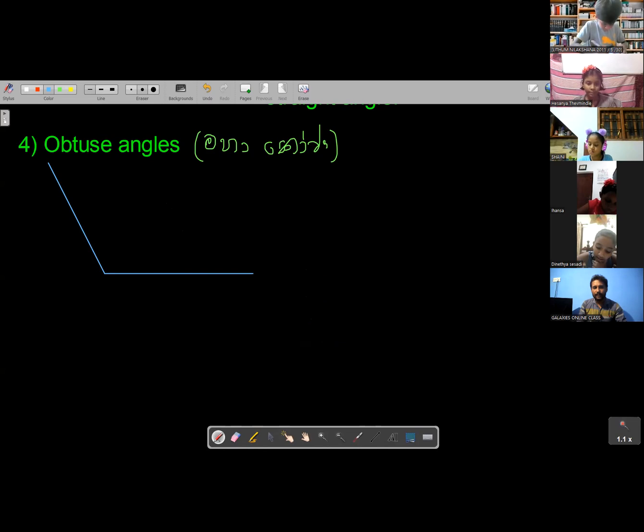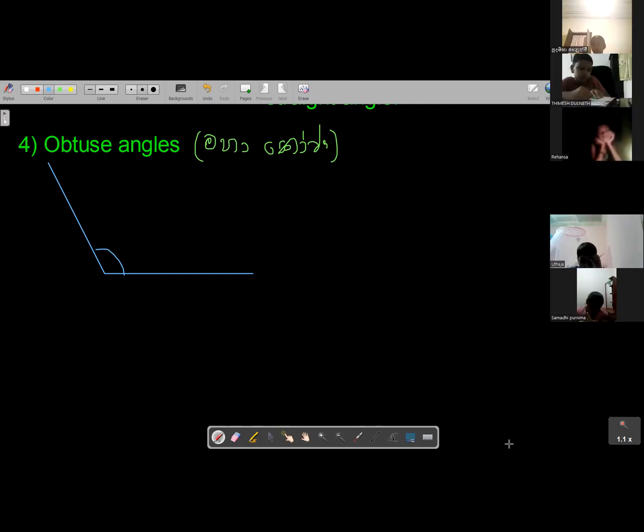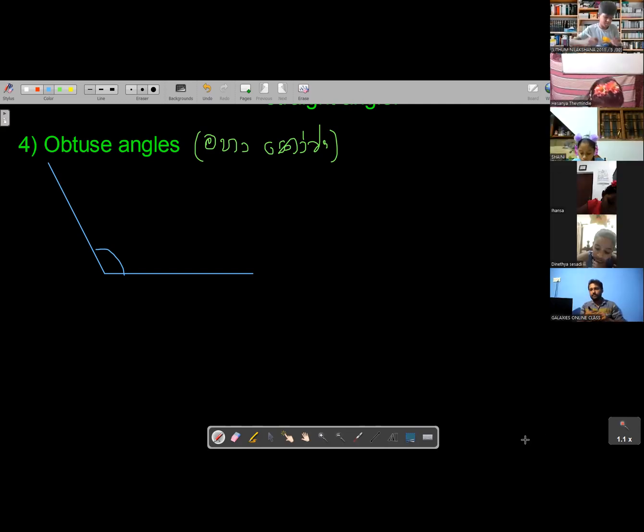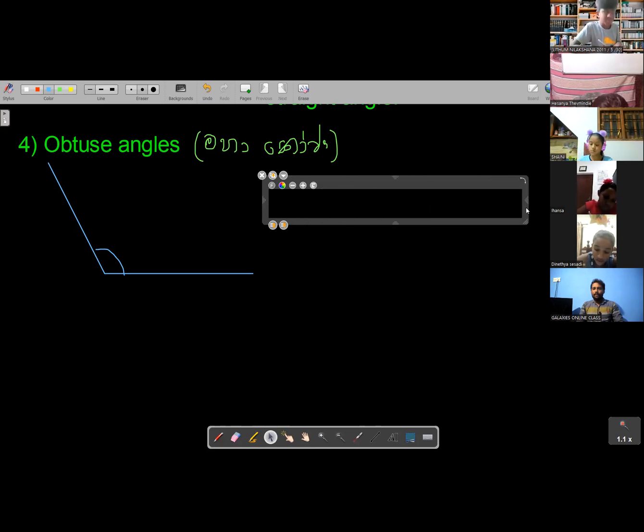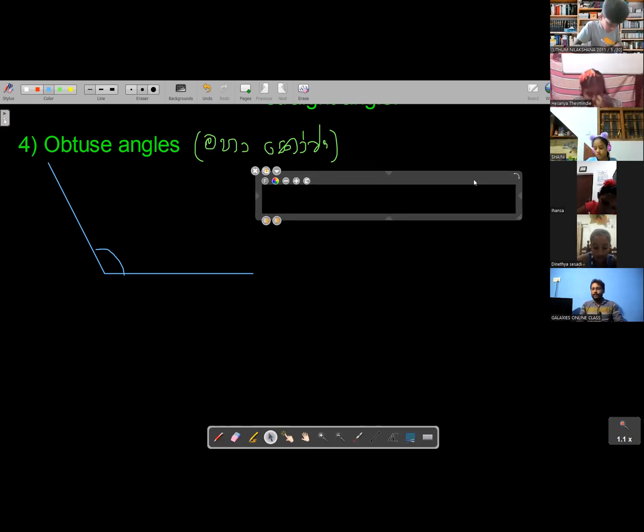Quickly you draw like that figure. After you draw the diagram, also you write down this note. Okay.